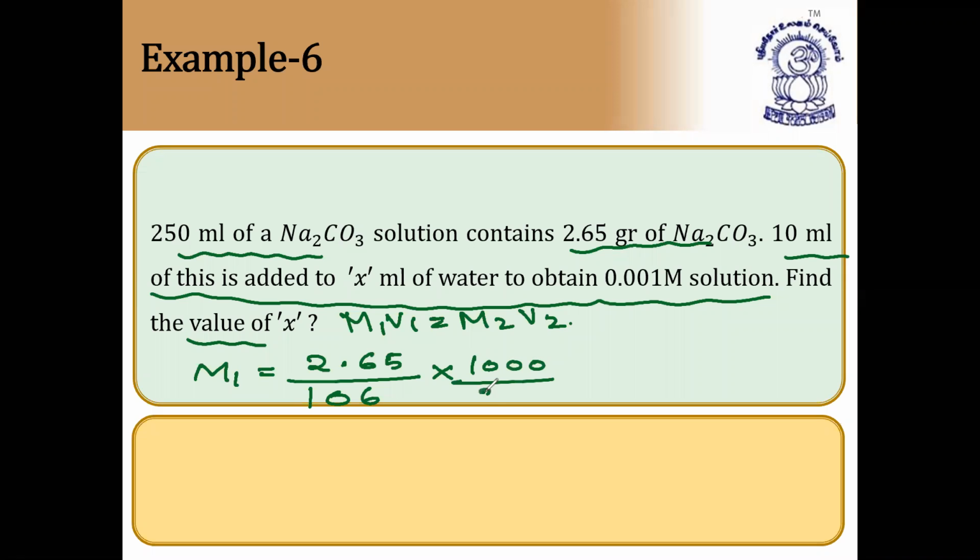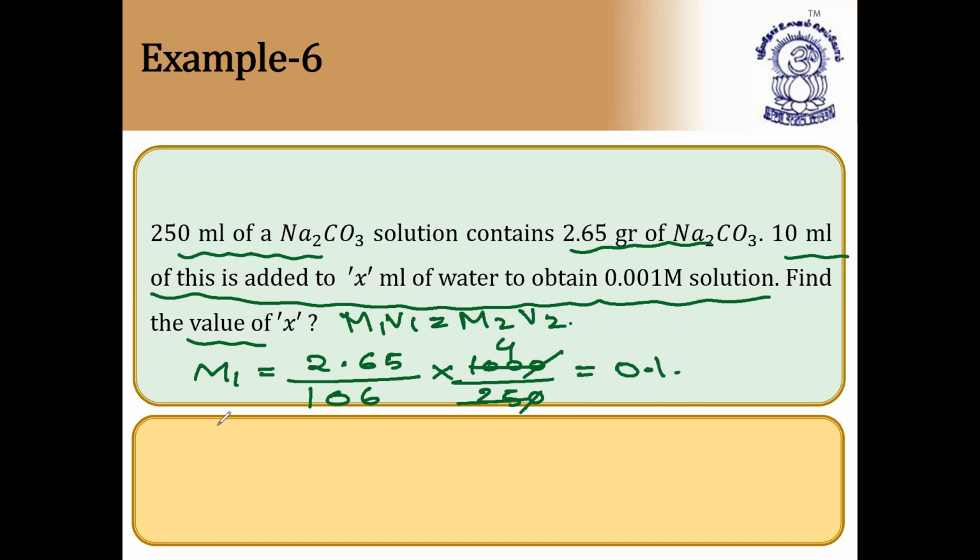That is 250 fours are 1000. So 2.65 into 4 is 10.6 by 106. 10.6 divided by 106 is equal to 0.1. So first molarity is 0.1 molarity.